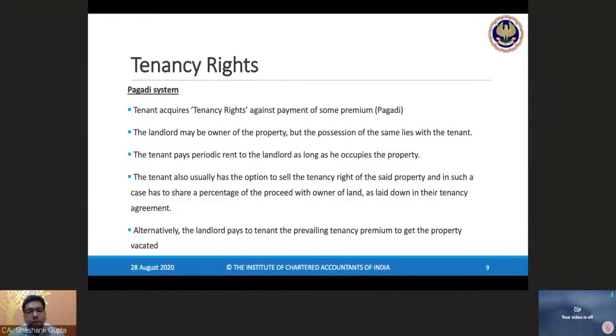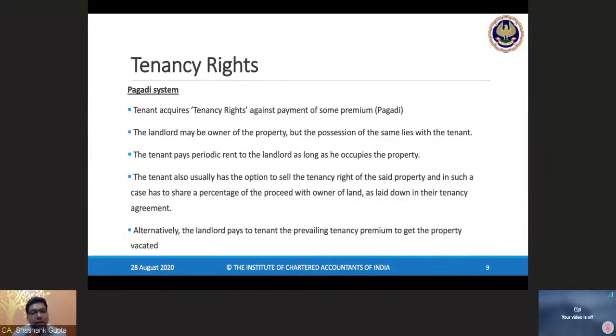Thereafter, the tenant has the option that he can resell these tenancy rights, and if he resells them, then he has to share a certain percentage of such resale proceeds with the owner also.